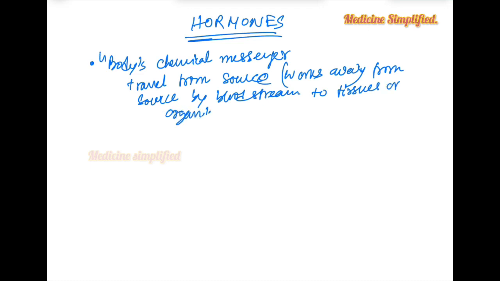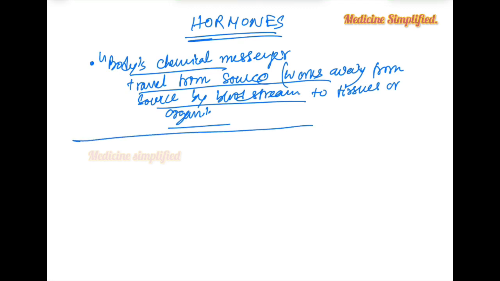Basically, hormones are synthesized in one place and they work in another tissue or organ away from the source. That is the main concept behind it. Okay, let's go to the next part.